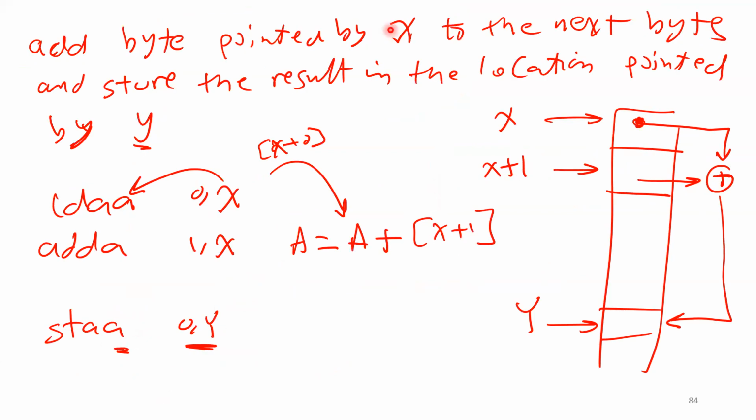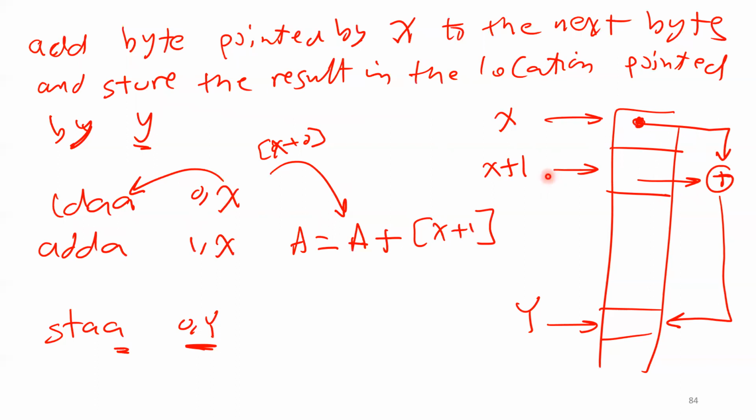Okay, let's have more examples. I want to add a byte pointed by register X. So I want to add a byte in memory location. And this byte is pointed by register X, as you see here. I want to add it to the next byte pointed by x plus 1.